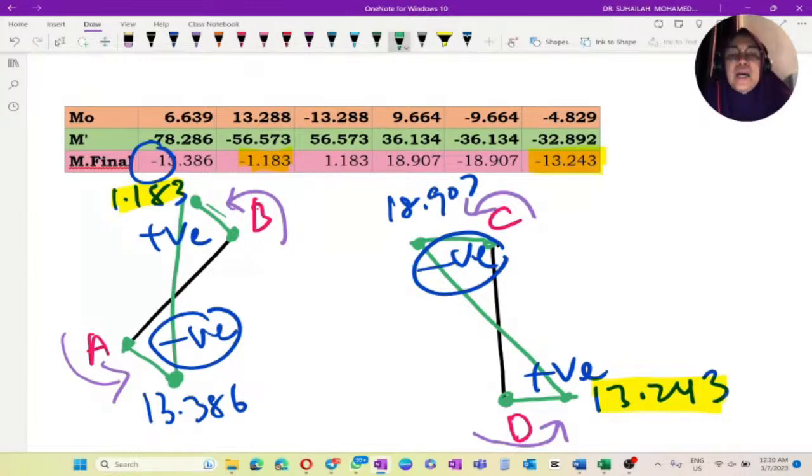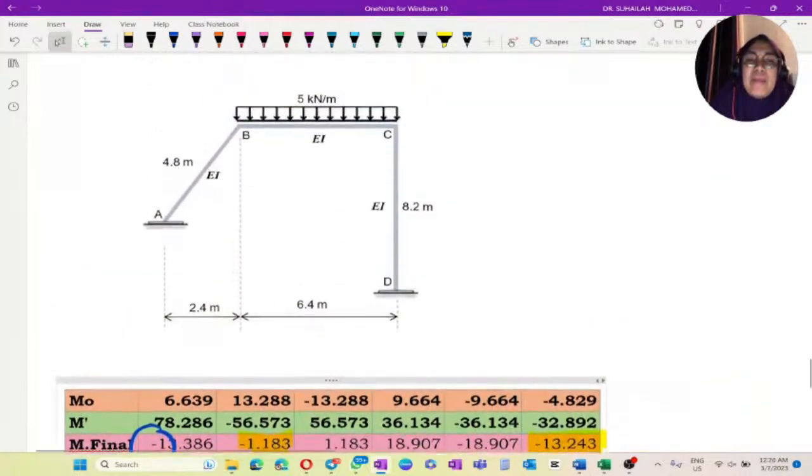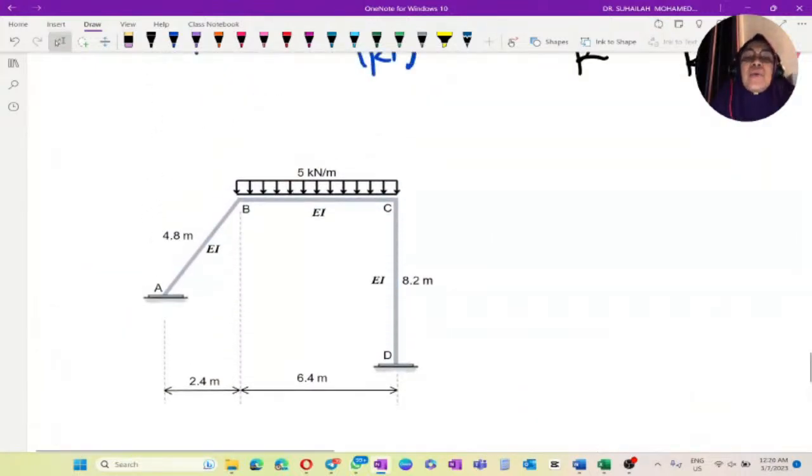Now we are going to draw the bending moment diagram for member BC. Member BC is subjected to a UDL, which means it may have a maximum moment in the diagram.